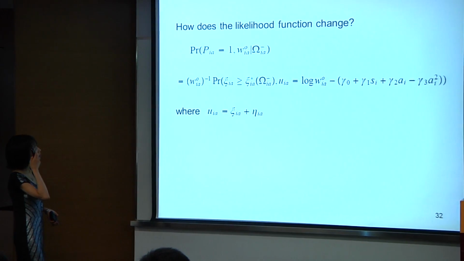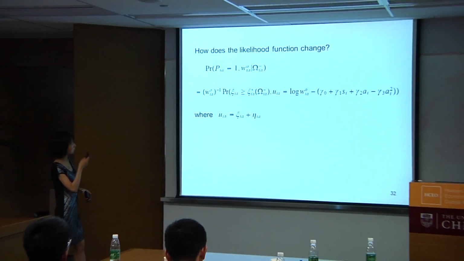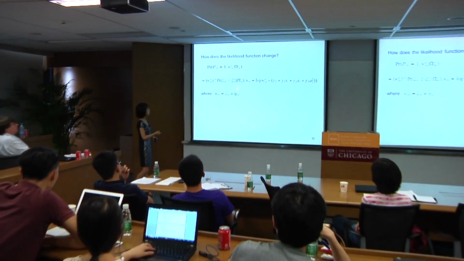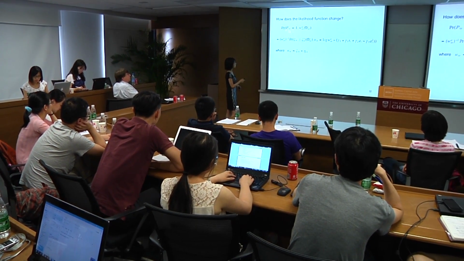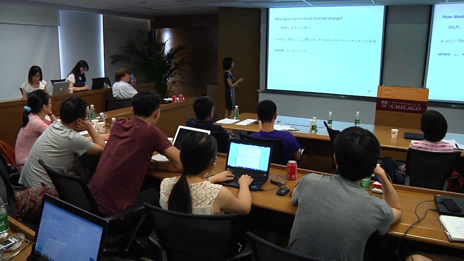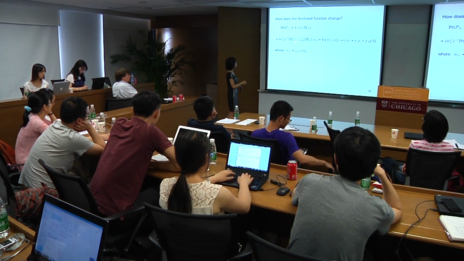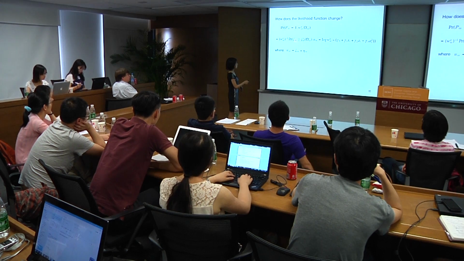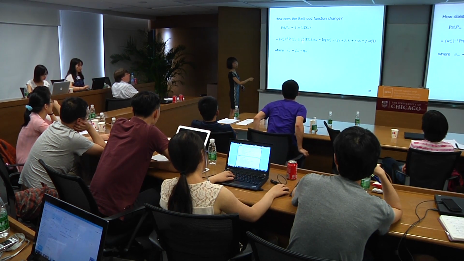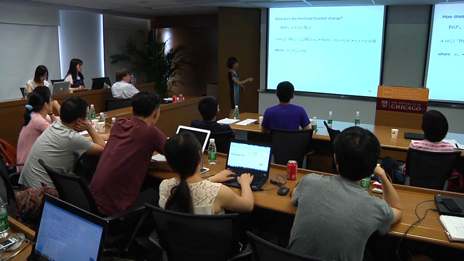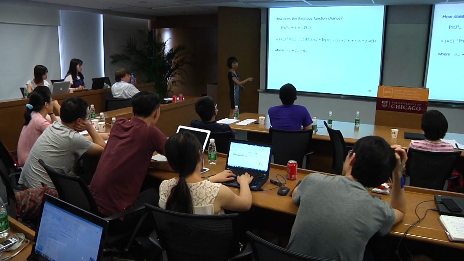So how does the likelihood function change? Right now, we have again this joint participation and wage. First of all, you participate. That means your true wage shock is bigger than the cutoff, which is the fundamental in the model.